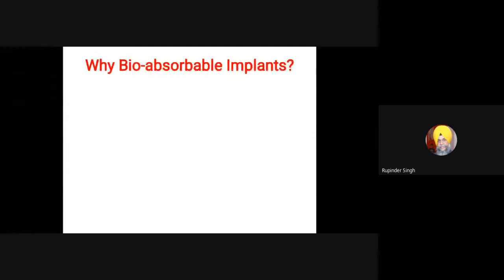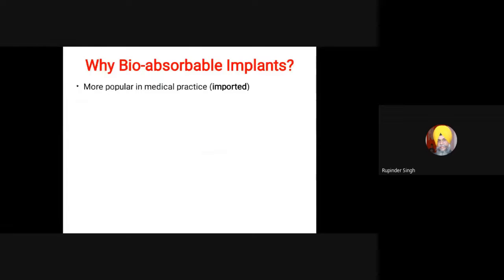Then there is scope of using bioabsorbable implants. Implants means anything, like a screw, it may be a plate, it may be a pin. What is the justification for it? It is quite popular in medical practice, but in veterinary it is not that popular, metal implants are being used.